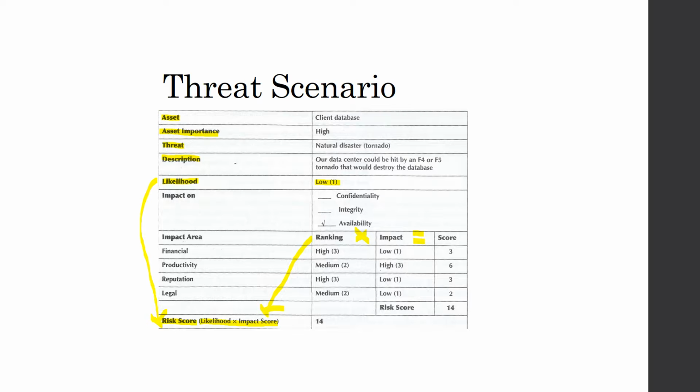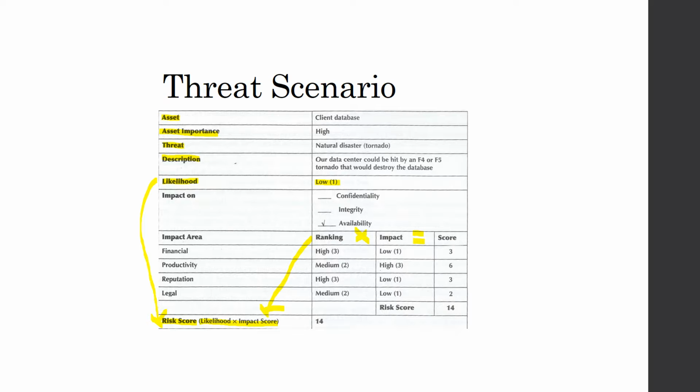The important part is to focus on the risk score, which is calculated by multiplying the likelihood of a threat and the impact of the threat. To calculate the impact score, take the importance ranking of each area and multiply the impact the threat has on that area.